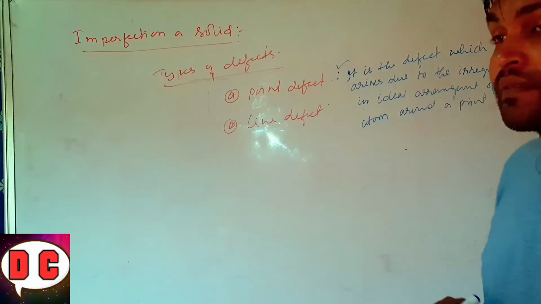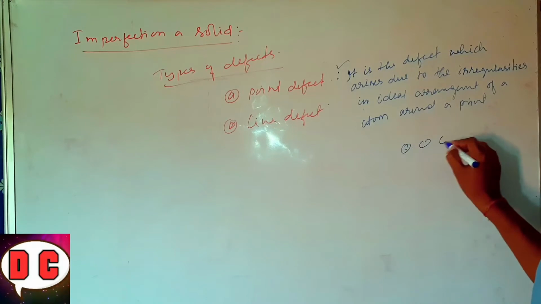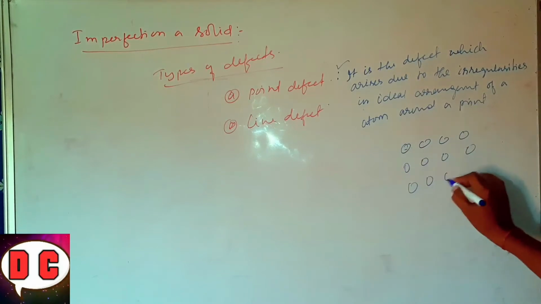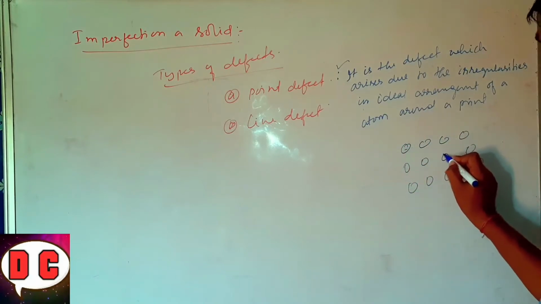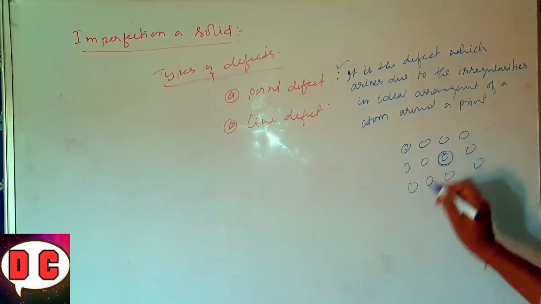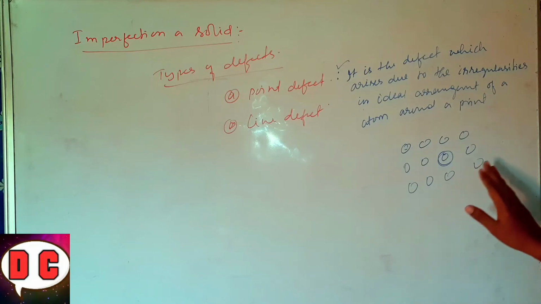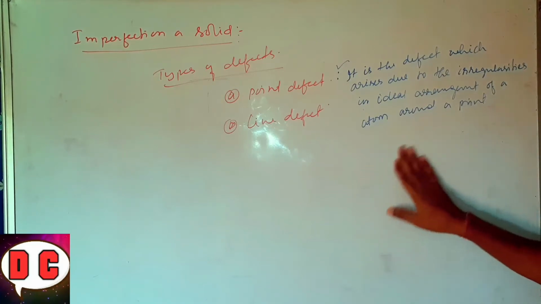Suppose these are the constituent particles or the atoms. This defect will not arise like this here. It will arise only around a particular atom, at a particular point. So that's why we call this defect a point defect.